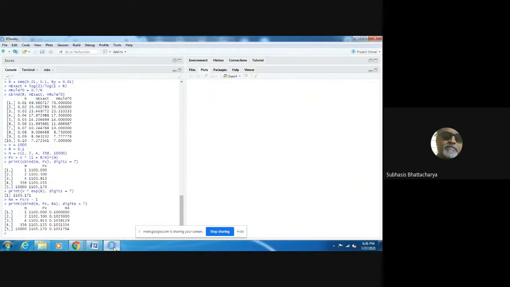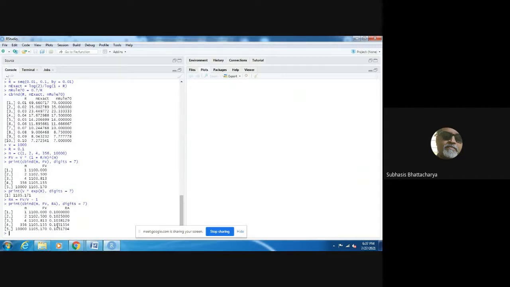These are the values that were earlier derived. If the value becomes 1105.170 after 10,000 times, then RA becomes 10.51%, or this kind of thing.